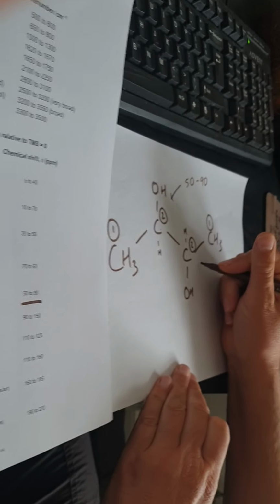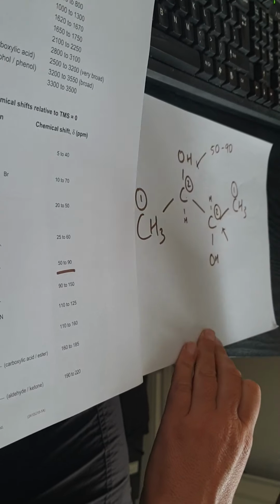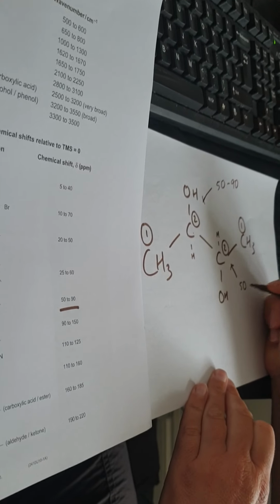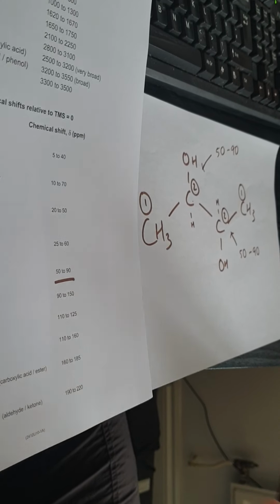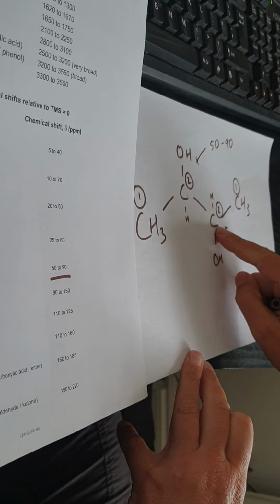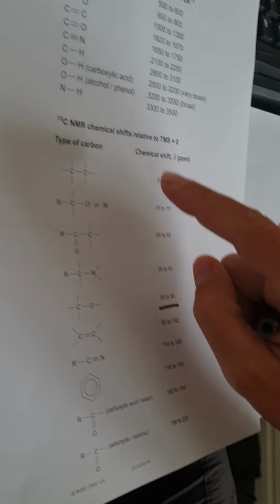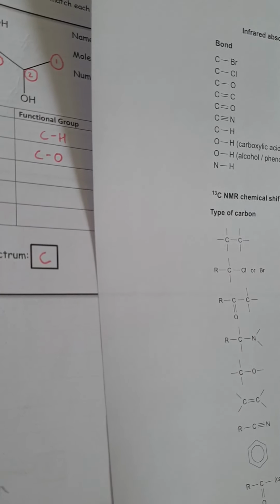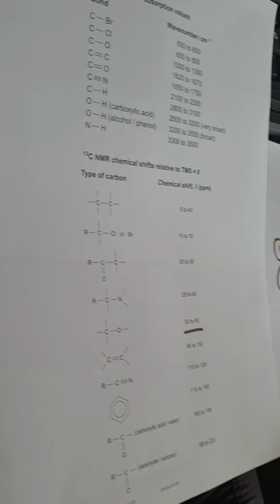This one, because again the molecule is symmetrical and this carbon is exactly the same as that carbon, will also be 50 to 90. Now this one here, we've got a carbon attached to another carbon, attached to another carbon. So we're looking for CC, which will be between 5 and 40.